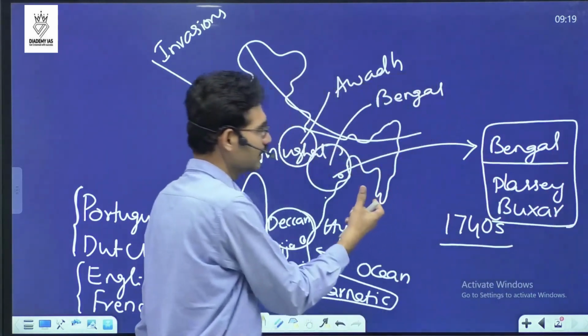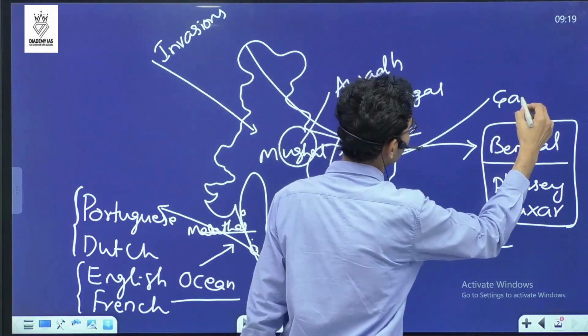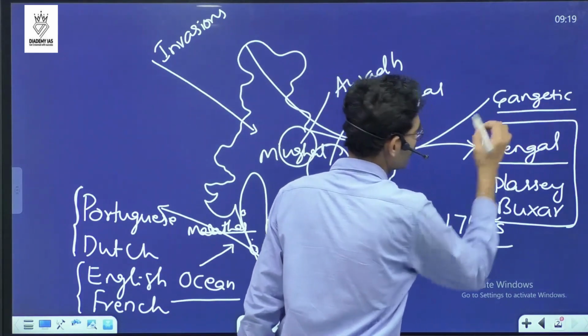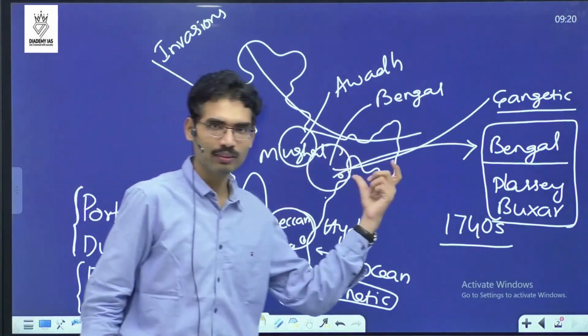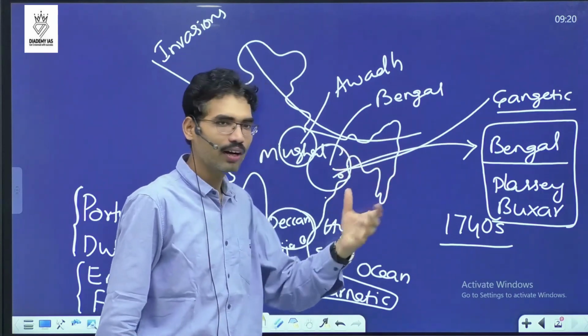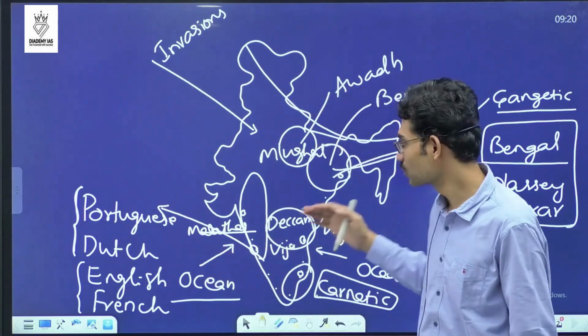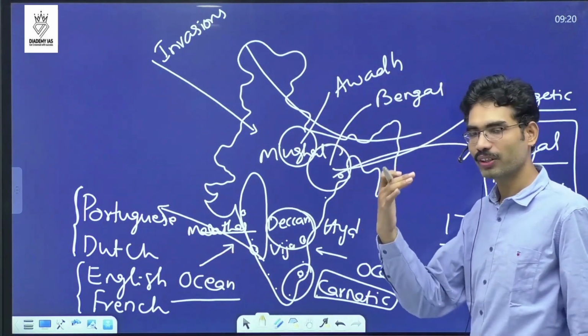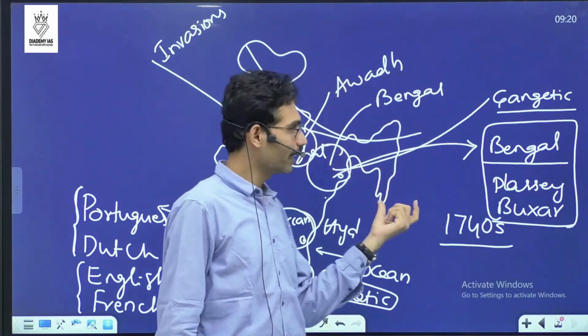Now, Bengal, since ancient times, is the Gangetic Valley. A lot of resources are there. If you see our first empire, Magadha, Bihar, Bengal, these are the regions from where our first empire in Indian history itself emerged. That shows the richness and fertility of the alluvial soil in this plain.